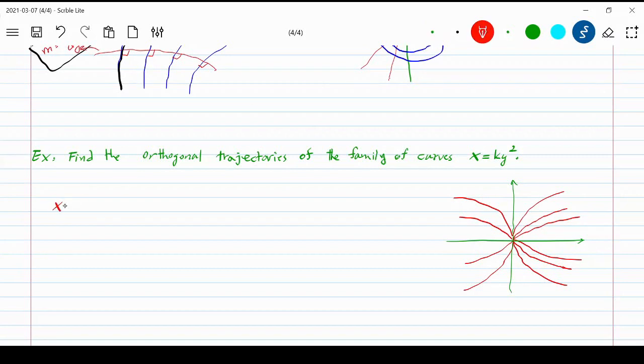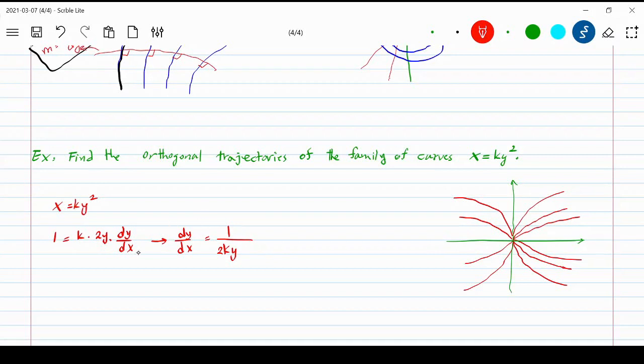So x equals ky squared, where k is a constant. If we take a derivative with respect to x, we get 1 equals k times, you have to implement implicit differentiation or the chain rule, 2y times dy over dx. So hence I can find that dy over dx is simply 1 divided by 2ky.